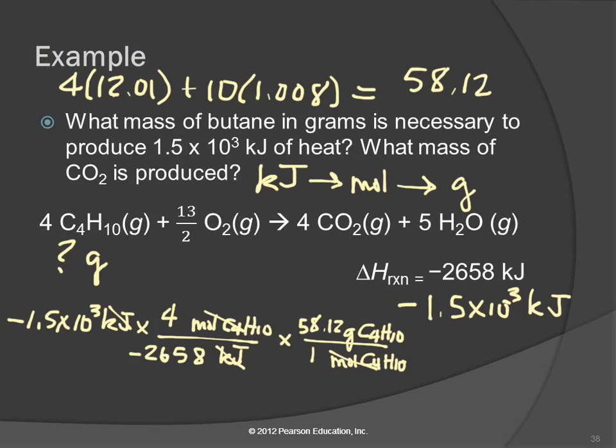Oh yeah, I did. I did negative third instead of... so that's 1,500 times 4 divided by 2,658 times 58.12. That's better. How many sig figs should this have? 2. So I'm getting this, so I'm going to round that to 1.3 times 10 to the 2 grams of butane.